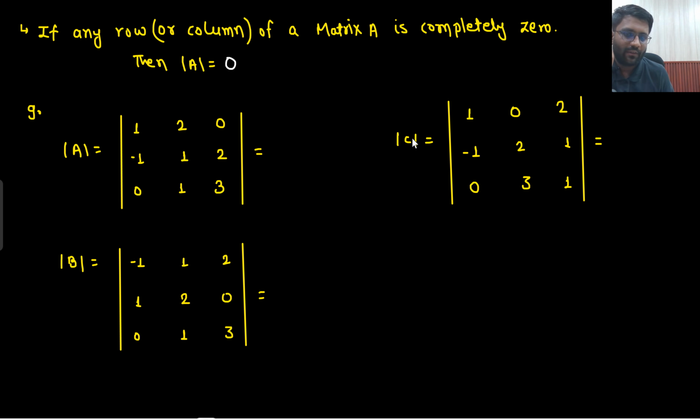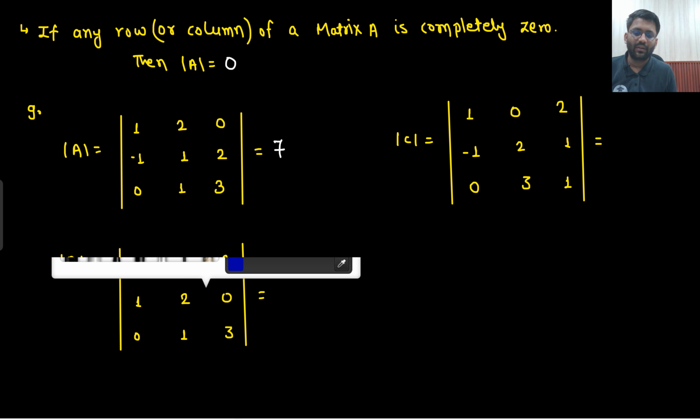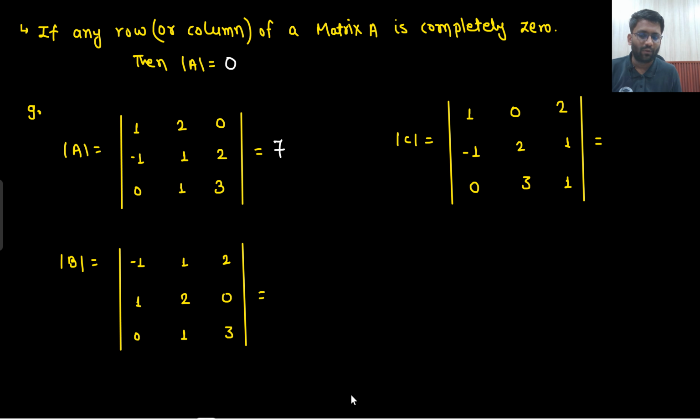Find out the determinant of A, find out the determinant of C, find out the determinant of B. Okay, so what is the determinant of A? You are getting 1 into 3 minus 2, that would be 1. Then minus 2 is there, so here minus 3 you will get. So the answer will be 7. You can do it on your own. Here what will be the answer you will be getting?